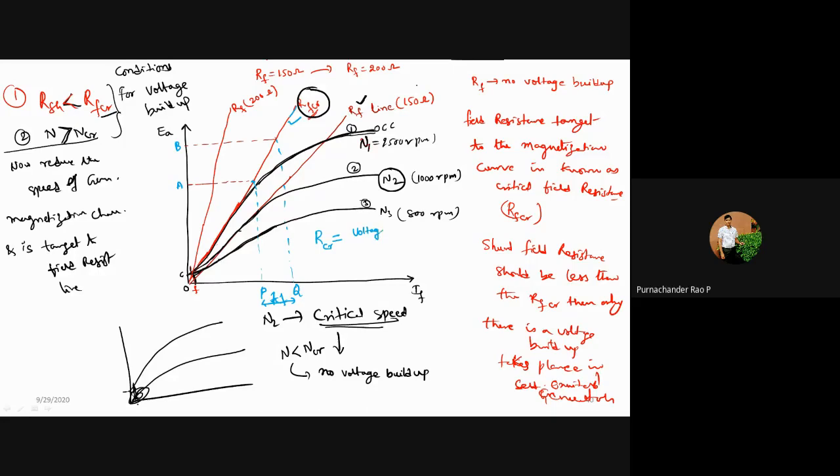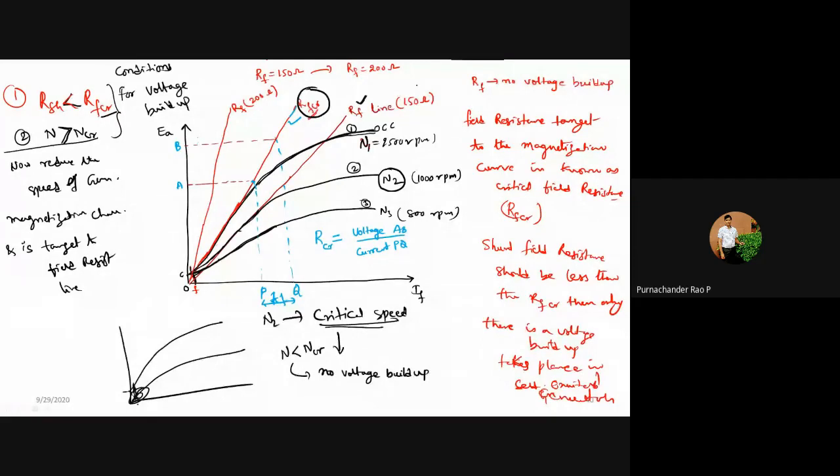This is equal to the voltage AB divided by the field current PQ. So you can measure these lengths and find the value of the critical field resistance. Is it clear, everyone? Yes, sir.